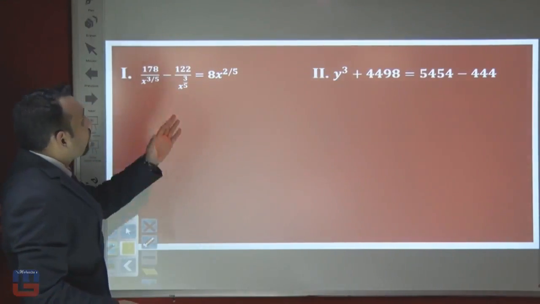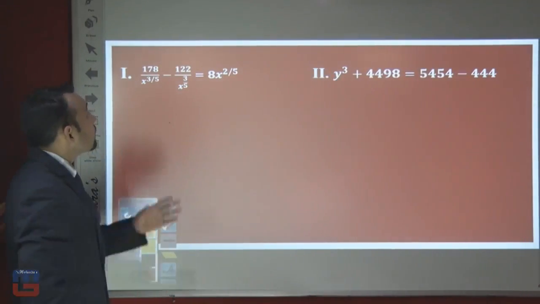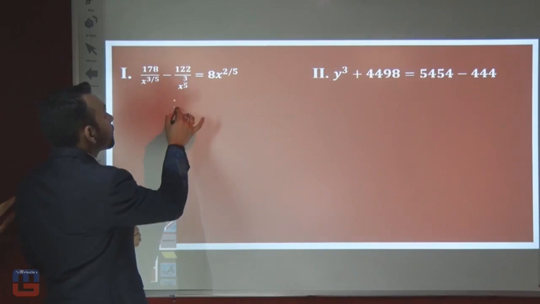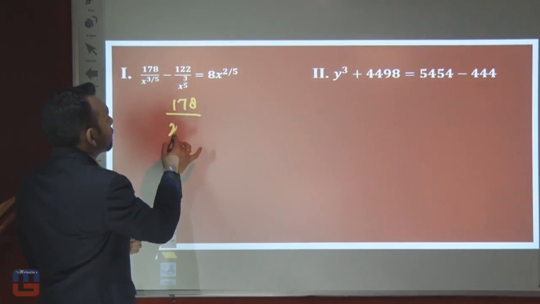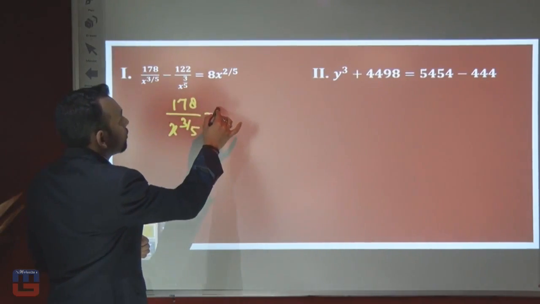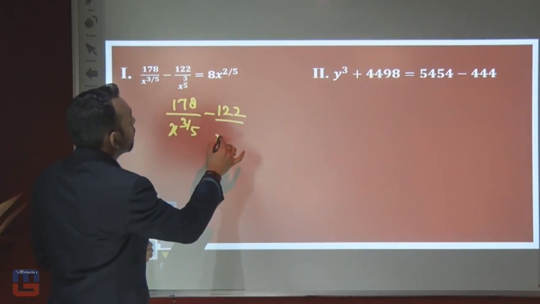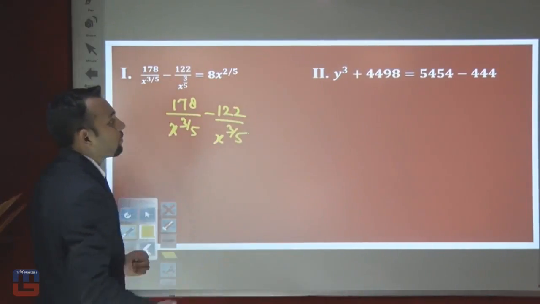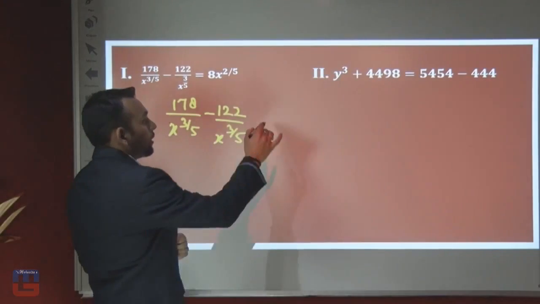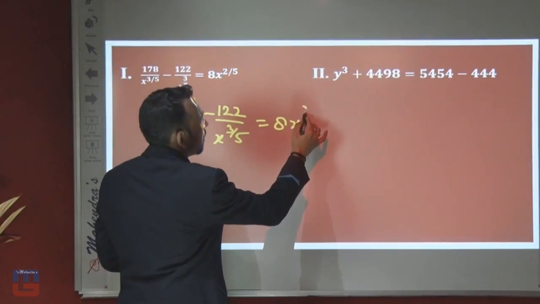First question from the inequality: you can see this is 178 divided by x to the power 3 by 5, and this is 122 x to the power 3 by 5. Now see, here this is 8 x to the power 2 by 5.